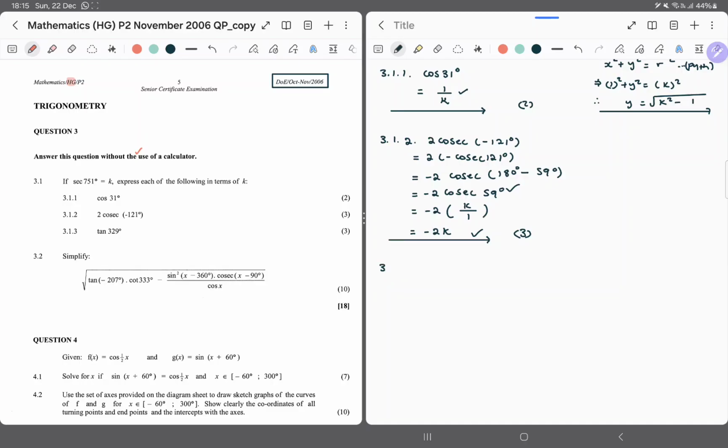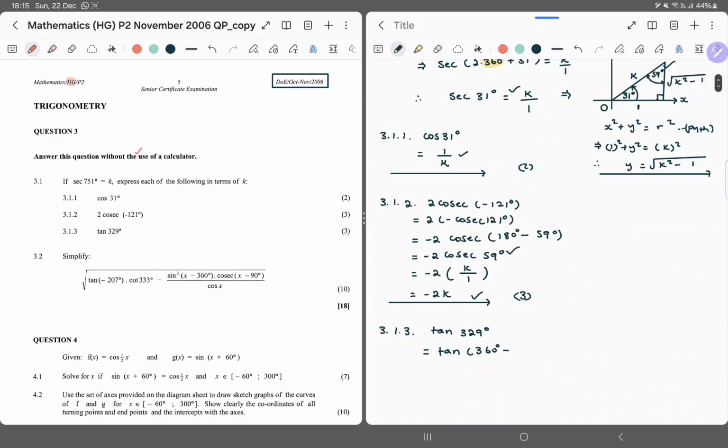So we have 3.1.3. We need to deal with this tan of 329 degrees. This is equal to, now 329 we need to reduce. So this is the same as tan of 360 degrees minus, let's see, is it minus 31? 360 minus 31.